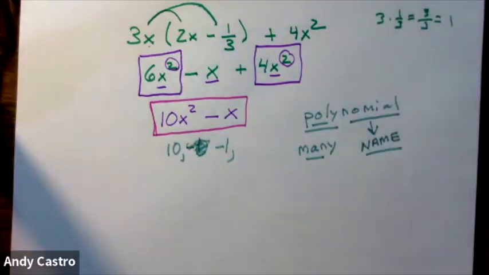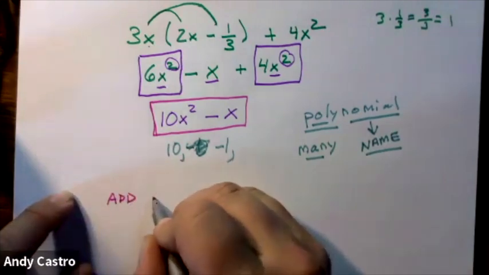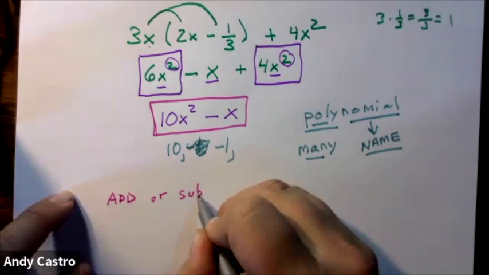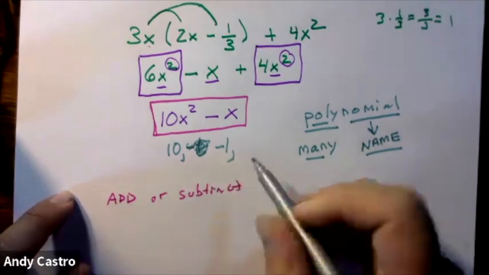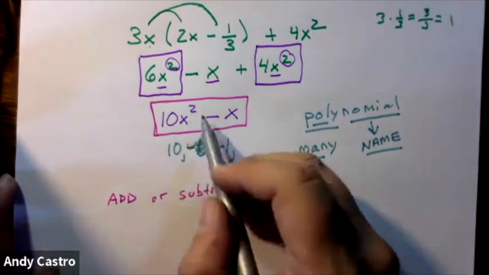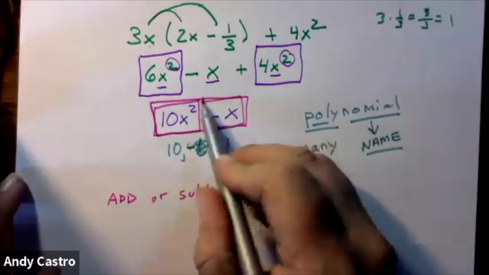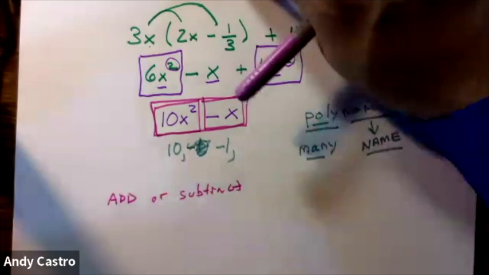So if we remember, terms are things we add or subtract. How many things are we adding or subtracting here? That's right, somebody said it: 2. We have this term here, and we have this term here. Very good.